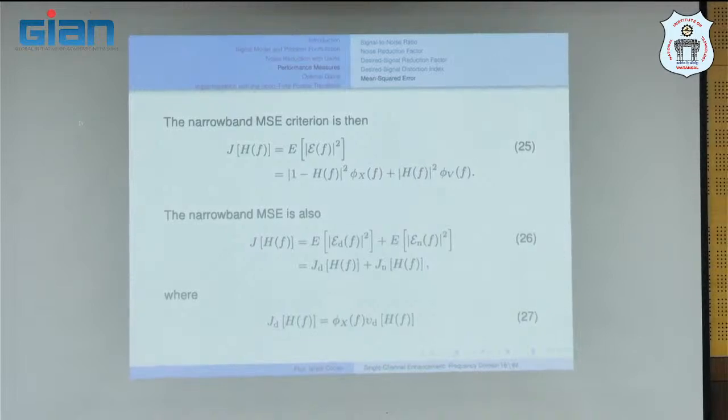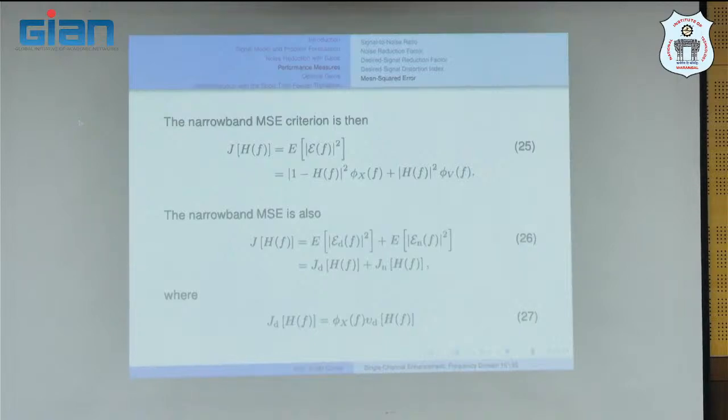Now, we have this explicit expression for the MSE. So, for example, when we talk about the optimal gain, like the Wiener gain, which is the Wiener filter, we just need to find the derivative of this with respect to h, just like what we did in the time domain, and equate it to 0.